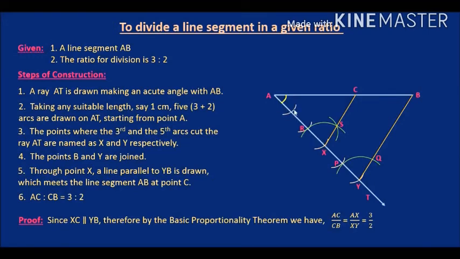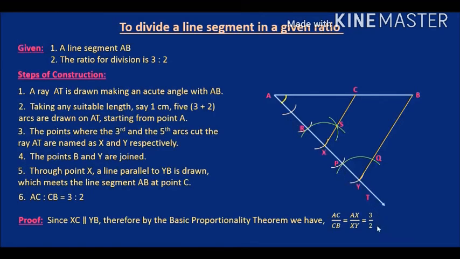Here you have A to X, how many arcs? 3 arcs. A to X is simply 3 arc lengths, so that is in 3 ratio. And X to Y, how many arc lengths are there? 2 arc lengths, so this is in 2 ratio. So AX divided by XY equals 3/2, or AX is to XY is 3:2.